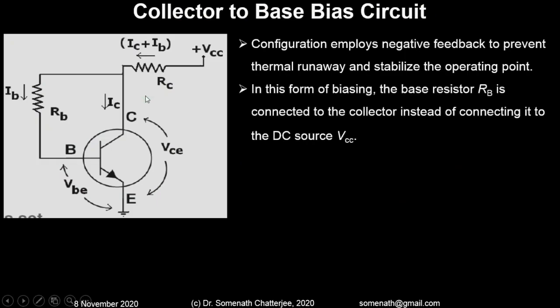Okay, so applying the KVL in the input loop, the input loop means this one. According to Kirchhoff's voltage law, VBE, that is the base to emitter potential drop, and IBRB, the potential drop across RB, should be equal to the collector to emitter potential drop.